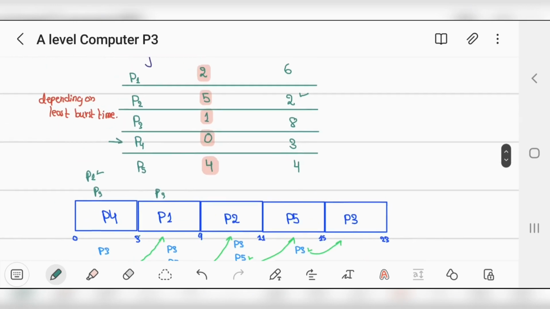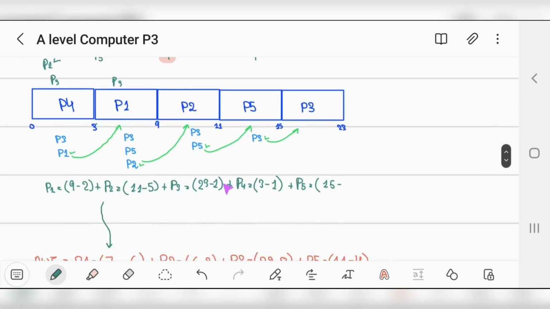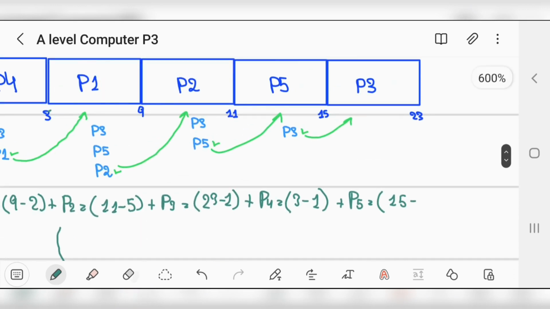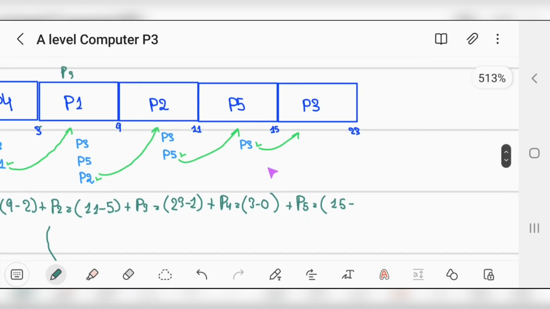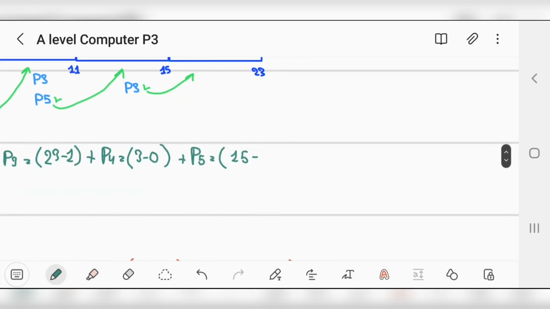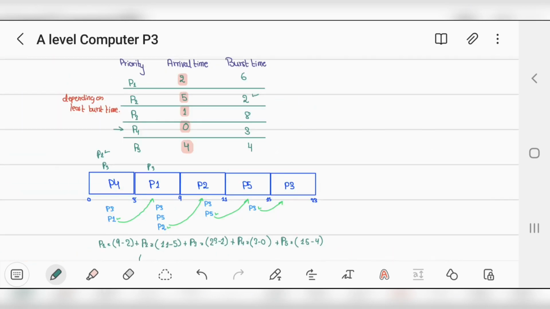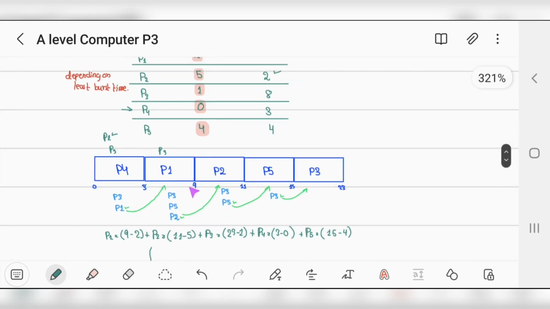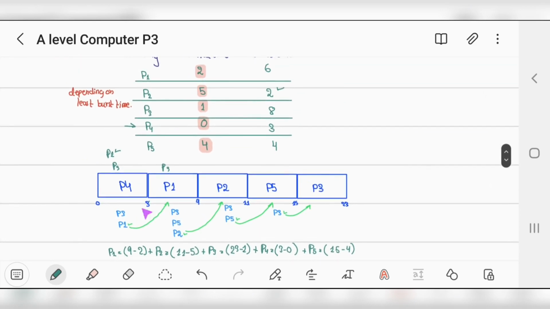Actually, P4's arrival time is 0, so I made a mistake here. It is 3 minus 0. Now let me check this. P1, 9 minus 2.